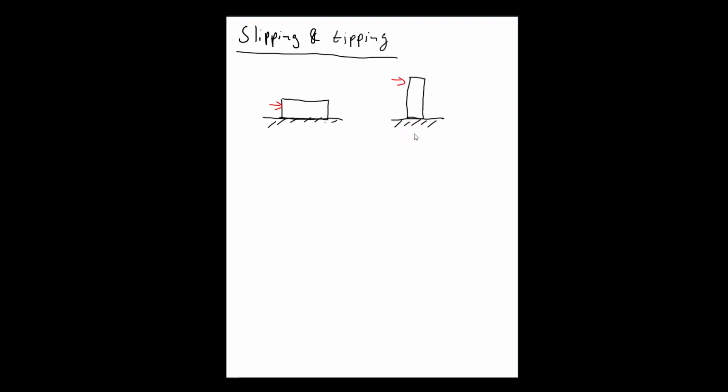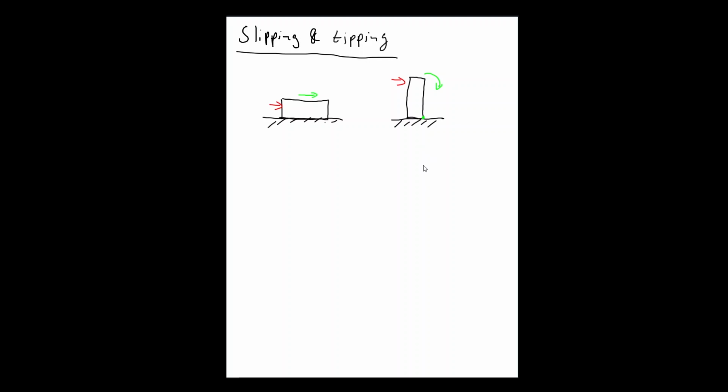Not sure if any of you have moved a fridge before, but remember, if you push at the very top of the fridge, at some point that fridge is not going to slide, it's just going to tip over. So we have two things that can happen: my push against the box can make it start sliding, or it's going to start tipping. In this case, it would tip around this point.